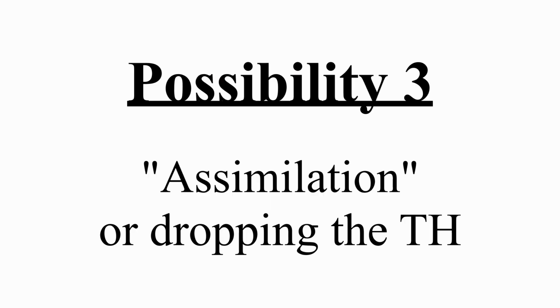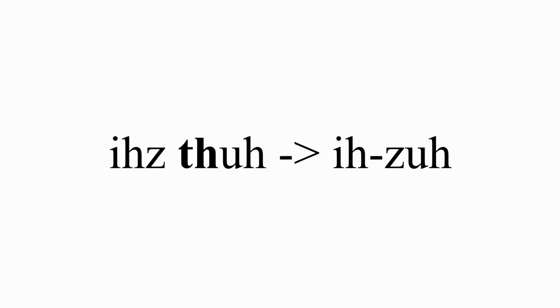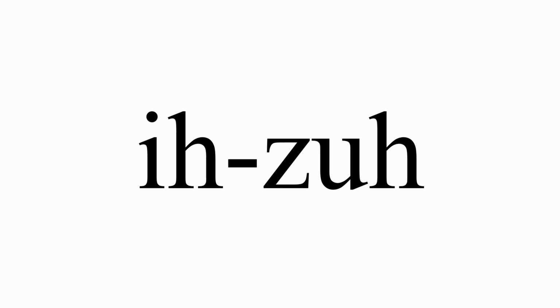Now another person, Matt, made a comment saying that you can actually assimilate the TH into the S, in this case it's the Z sound, and say "isa." Yes, but if you say "is a" reduced, that will also be pronounced as "isa." It's going to sound like "isa." So what's the difference?